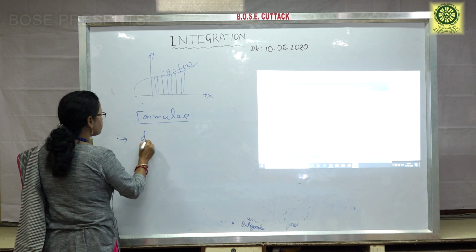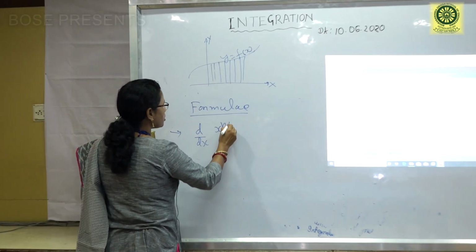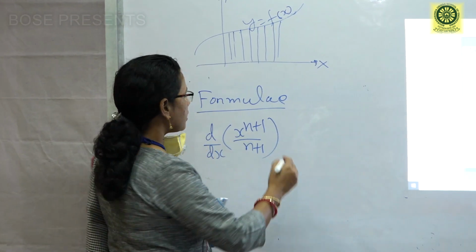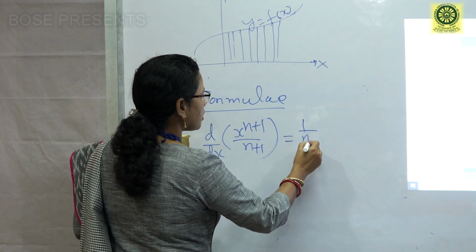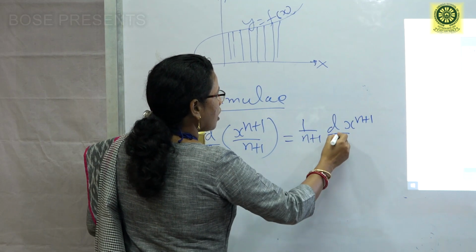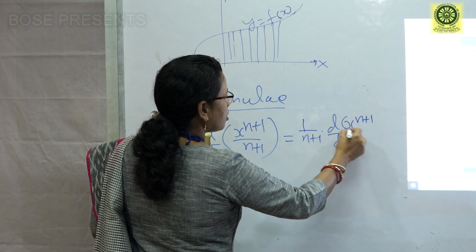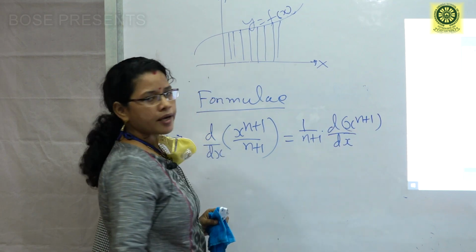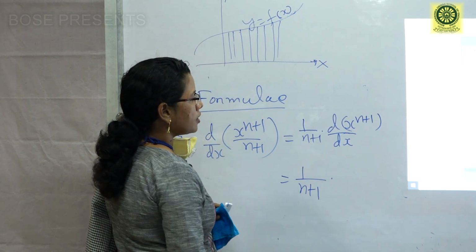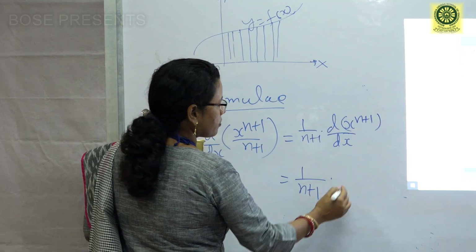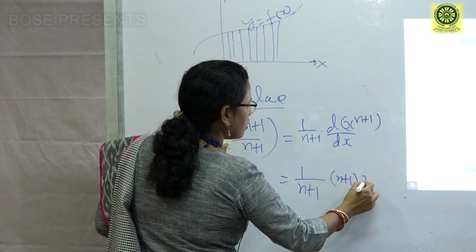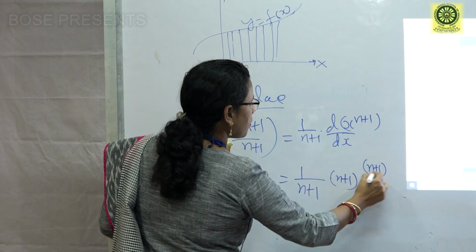For this, let us first differentiate a simple function, x to the power n plus 1 by n plus 1, with respect to x. Just take 1 by n plus 1 out of the derivative. Then you have 1 by n plus 1 into the derivative of x to the power n plus 1. Using the formula of differentiation, that is equal to n plus 1 into x to the power n plus 1 minus 1.